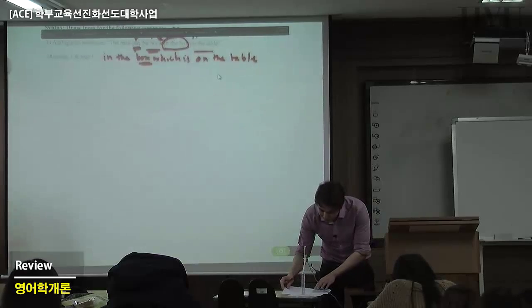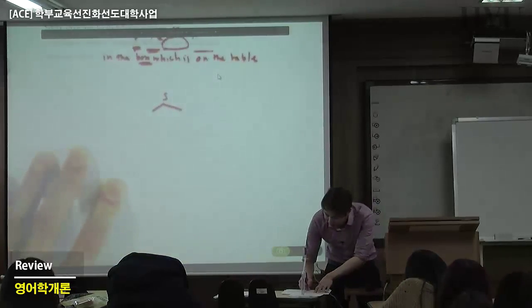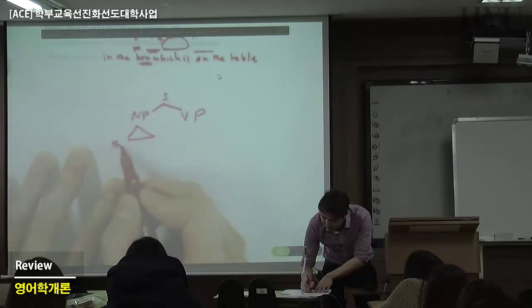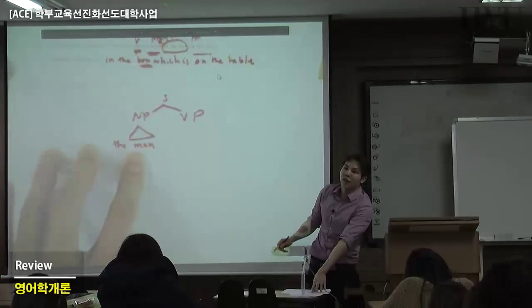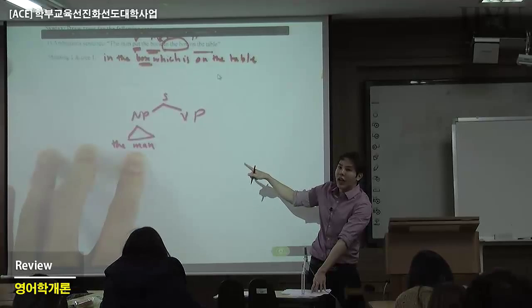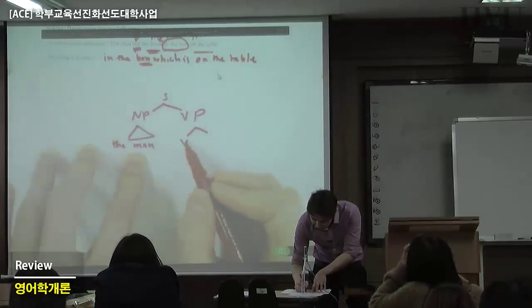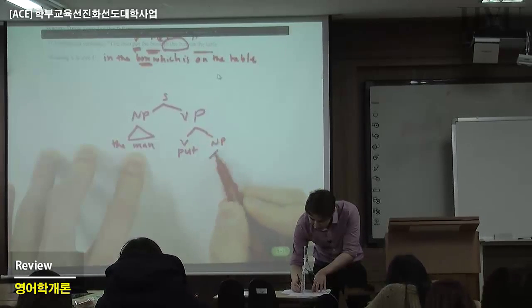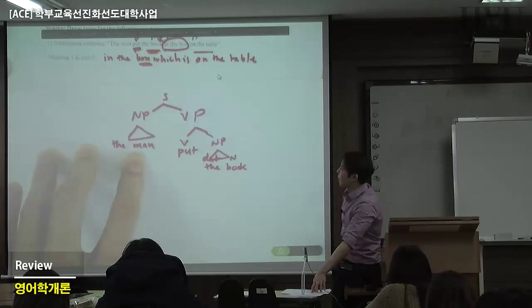Okay, so it would look like this for meaning 1, right? So S like this, going to NP and VP. So we have the man here. On the exam, please write this out fully as determiner and the noun, okay? And then we have V put, and then NP, so this is the book. So with determiner, I'm sorry, and the noun, right?